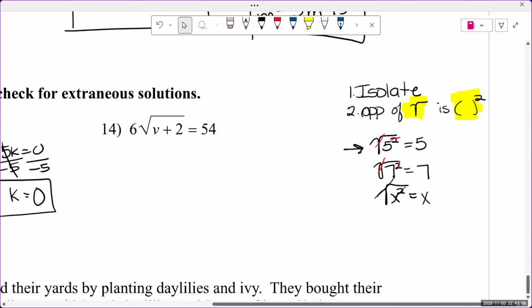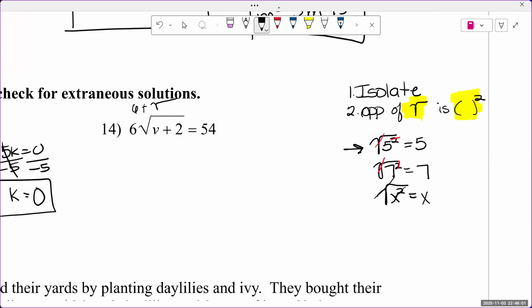Okay, number 14. Notice this is not 6 plus a radical. There's no plus sign. In fact, what is between the 6 and the square root? An empty space. That means we're implying multiply. So to isolate the square root, the opposite of multiply is divide.